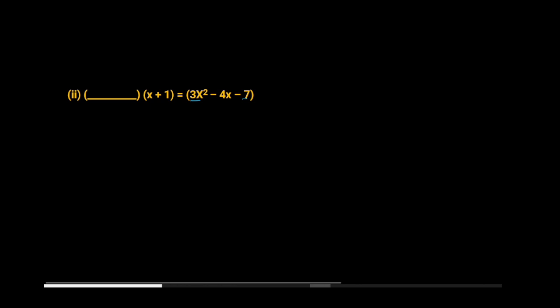Here our product term is nothing but 3 into minus 7, which is minus 21. Then what is our sum? Sum is nothing but minus 4. Let's find the integers.